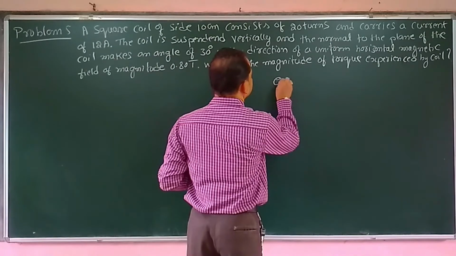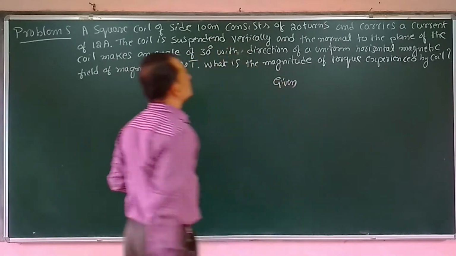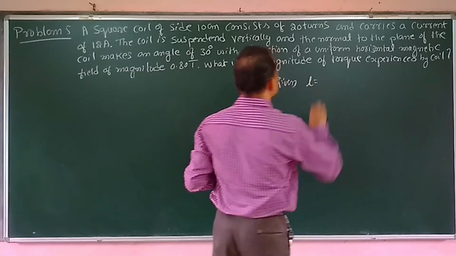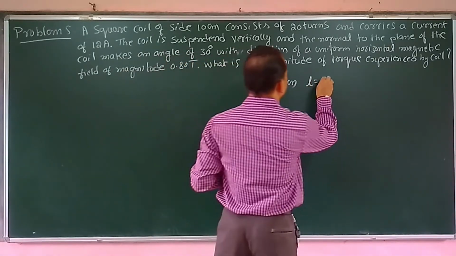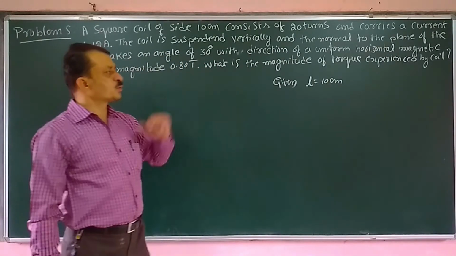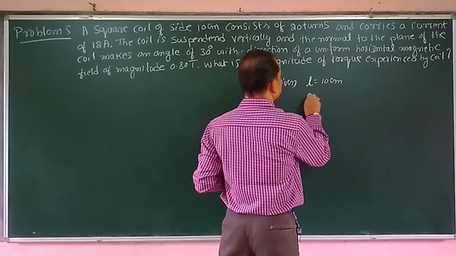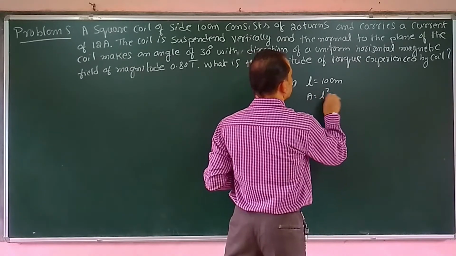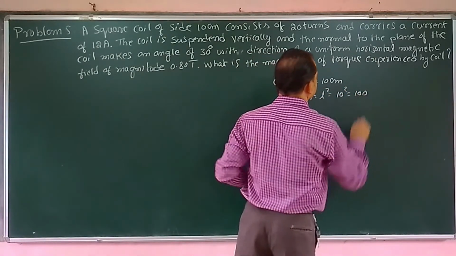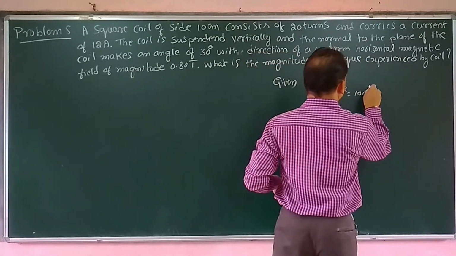Now given, now we will list out what are the given things. We have a square coil of side 10 centimeter. Since it is a square coil, what is its area? Now area is equal to L square, that is 10 square, that is 100 square centimeter.